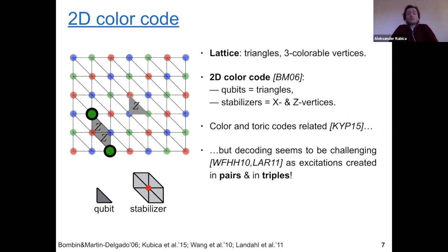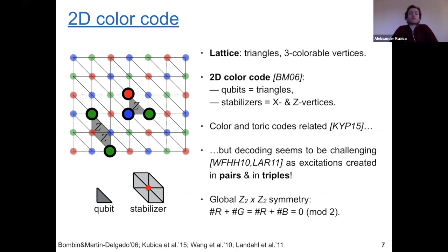However, if we have a single Z error in the system, it will create a triple of excitations, red, green, and blue. So now we see that the excitations in the color code can not only be created in pairs, but also in triples. So if we want to decode the color code, we need to account for those processes in which we create 3 excitations at the same time.